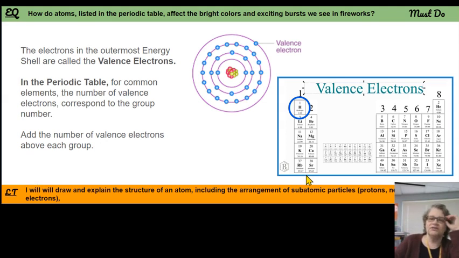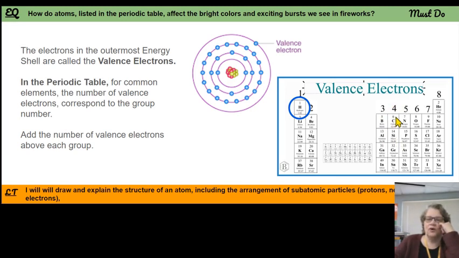Okay, so for example, sodium would have 1 valence electron. Magnesium would have 2 valence electrons. Then if you skip over those transition metals, aluminum would have 3 valence electrons.